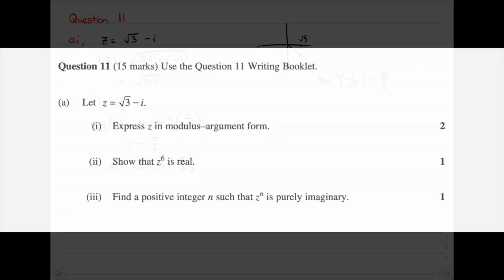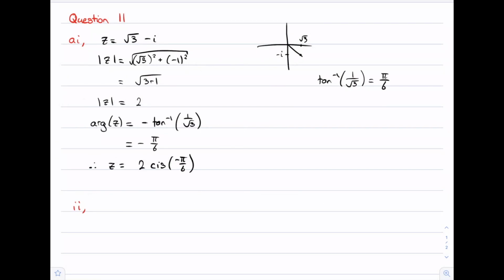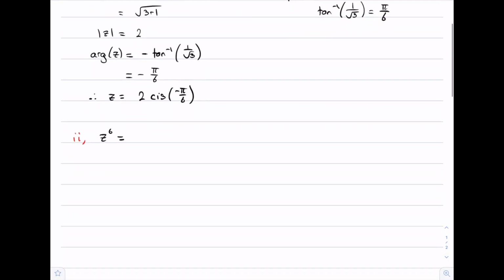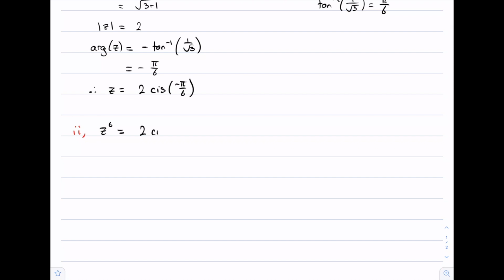Now part 2 says to show that z to the 6 is real. Okay, so we just want to compute z to the power 6. Let's move this up a little. So really what we're doing, I think it's a bit standard. We're just going to be applying de Moivre's theorem here.